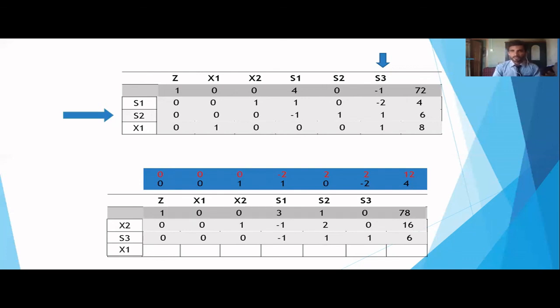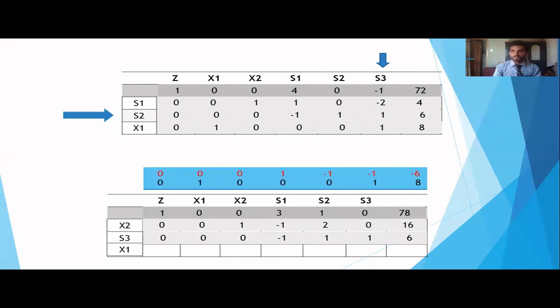We multiply by 1 the pivot row and add it to the objective function row. This will result in the new objective function row. Now we must multiply by 2 the pivot row and add it to the row of the first constraint. We will place the result in the row of the first constraint.